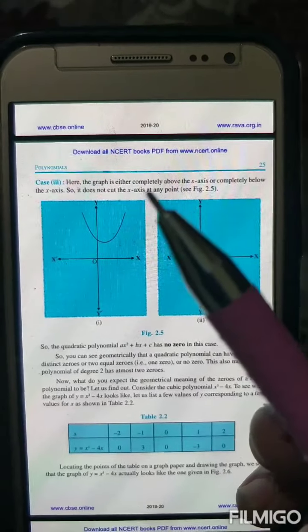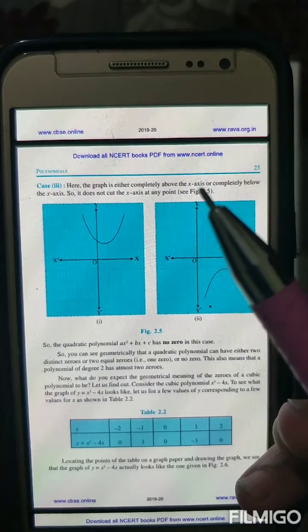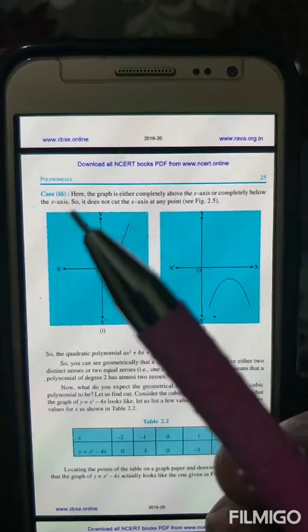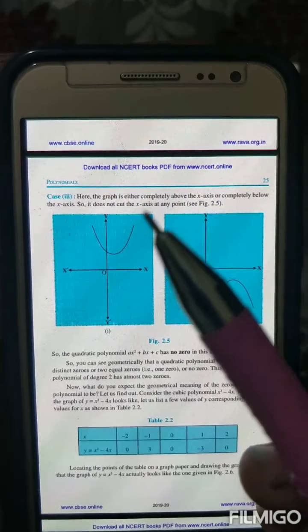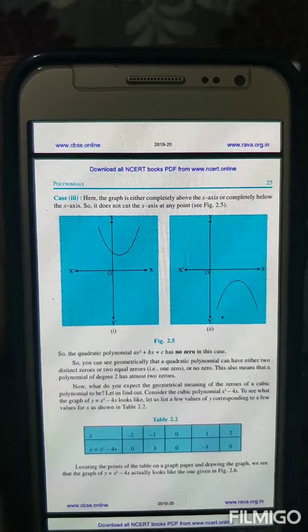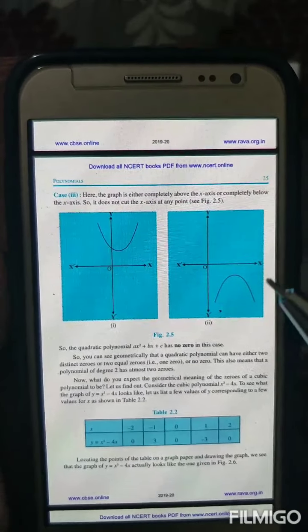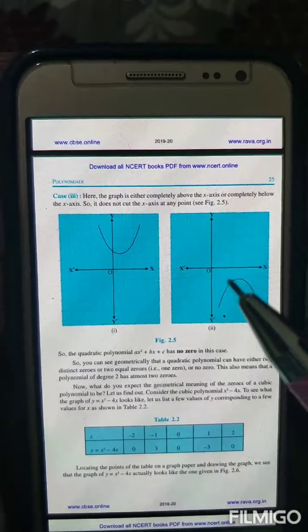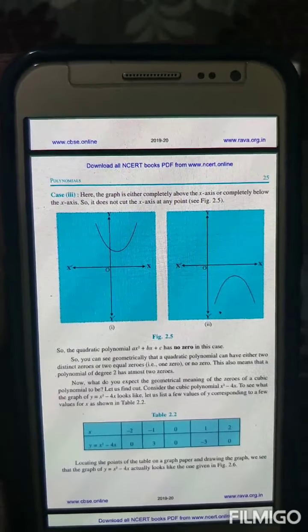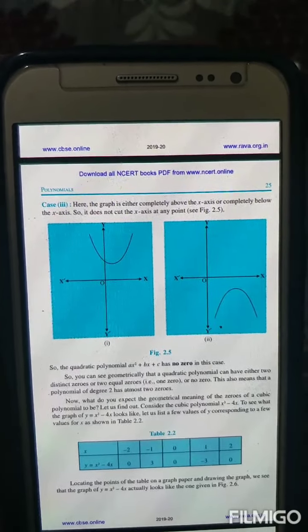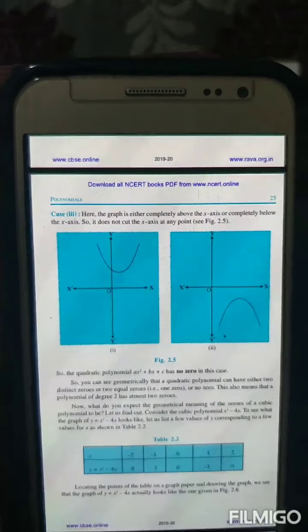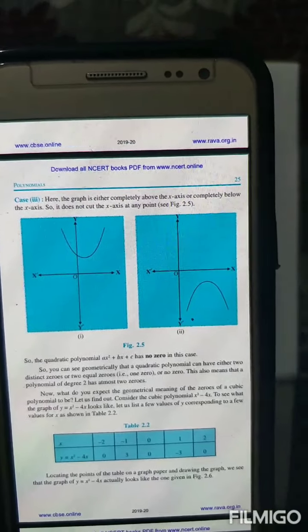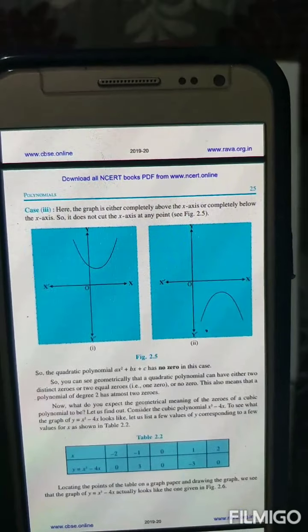Then come to case number 3. Here the graph is either completely above the x-axis or completely below the x-axis. So it doesn't cut the x-axis at any point. See the graph of this case. Here these two graphs do not intersect the x-axis. So what does it mean? That means here there is no zero of that kind of quadratic equation.